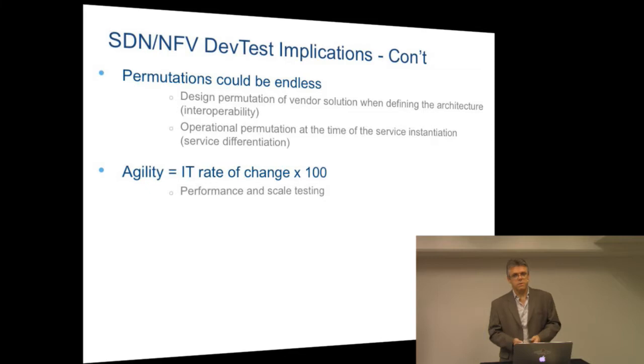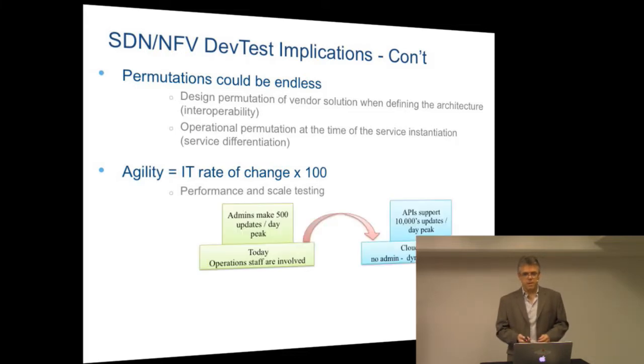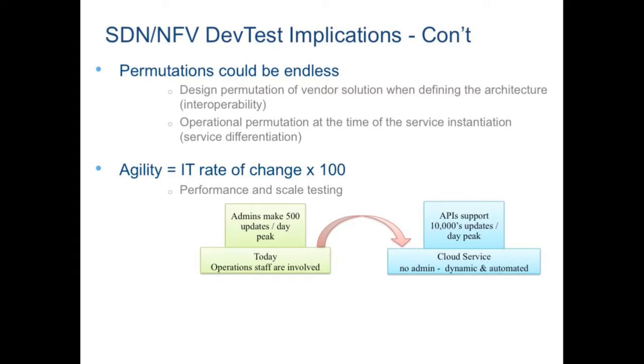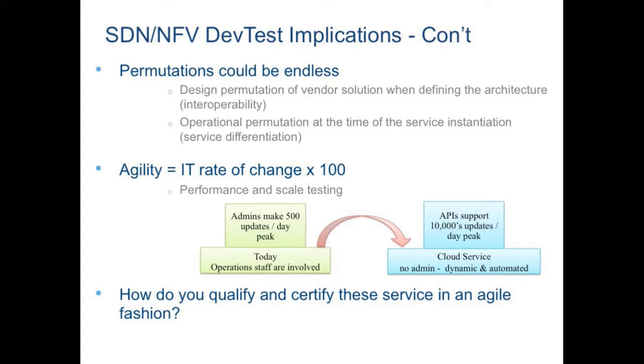Then you get to the performance and scaling issues, right? Obviously, in those new cloud computing infrastructures, the IT rate of change has increased by a ratio of probably hundreds, right? Which basically gets you to be able to really test your overall infrastructure and environment in such a way that it can really sustain and respond to these kinds of changes.